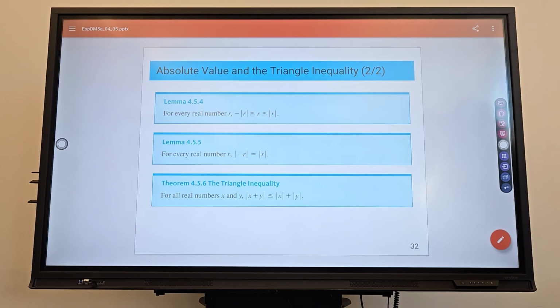For every real number r, the absolute value of negative r is equal to the absolute value of r. So the triangle inequality is, for all real numbers x and y, the absolute value of x plus y is less than or equal to the absolute value of x plus the absolute value of y.